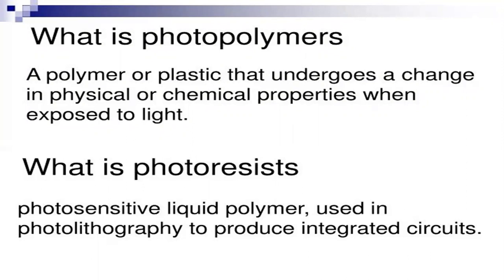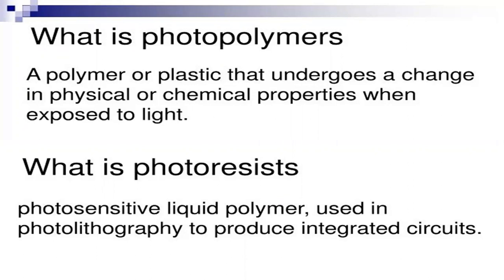So photopolymers means we take a polymer or any plastic to form a new product in that manufacturing technology. That's why photopolymers are used to change the physical or chemical properties when exposed to light.